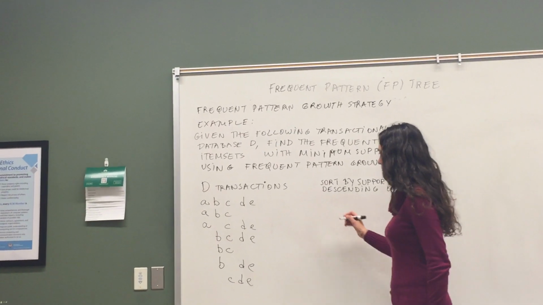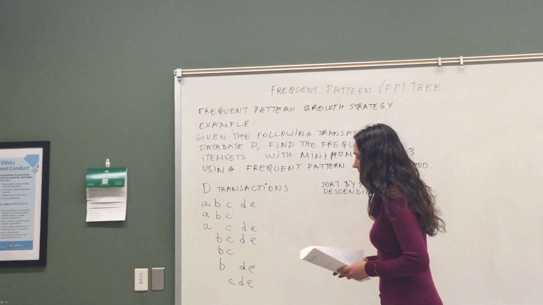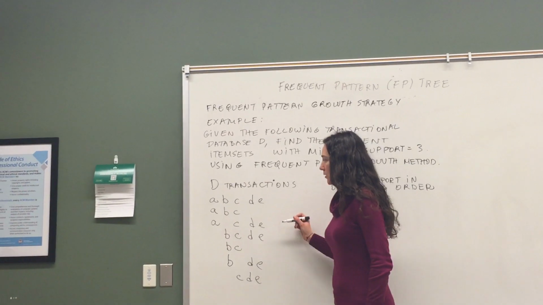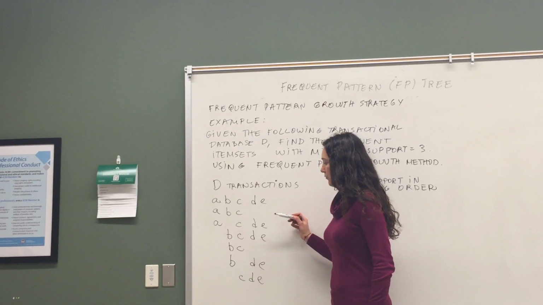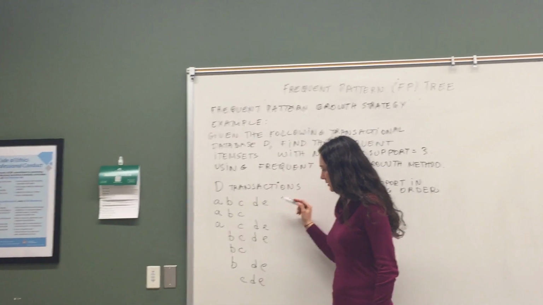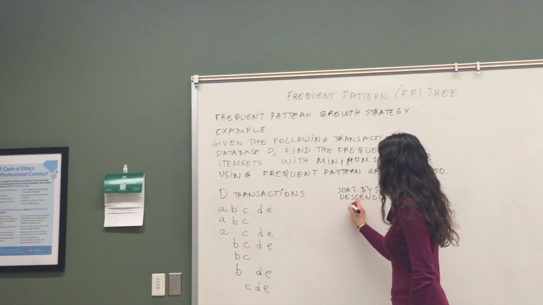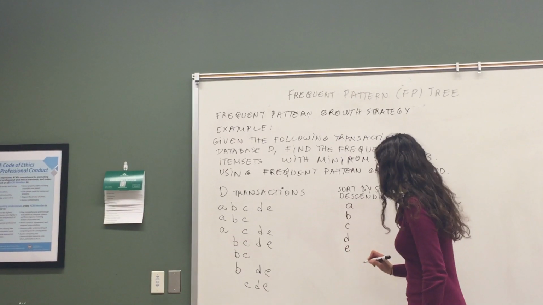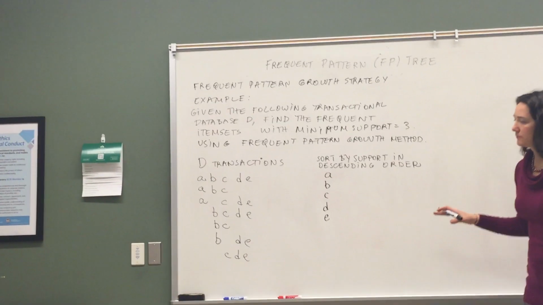So let's look at our items, our elements. How many elements do we have? We have A, B, C, D, and E. These are our elements.